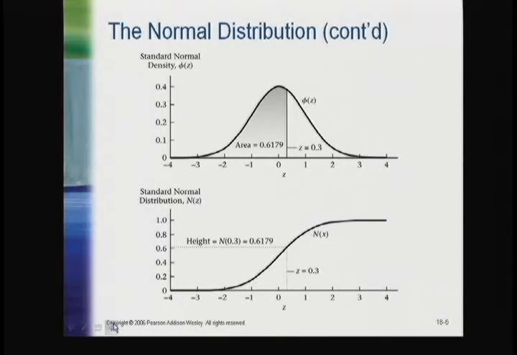And so for all practical purposes, if you go from, say, minus 4 to plus 4, you have all but a de minimis amount of probability mass.